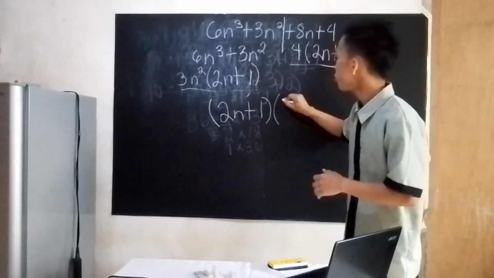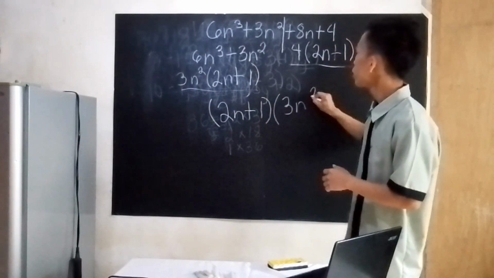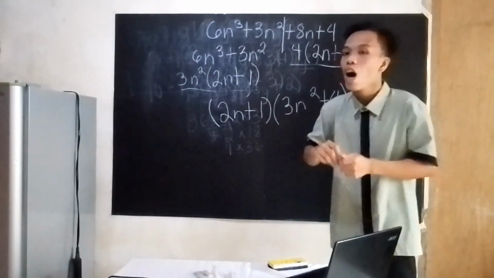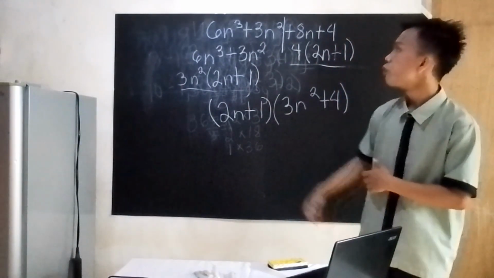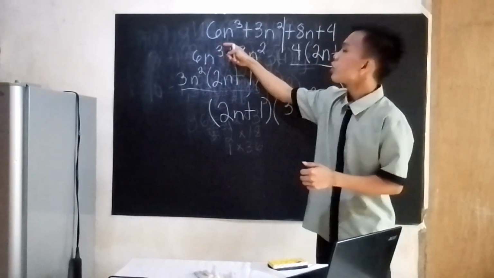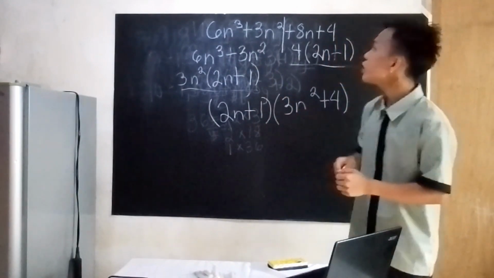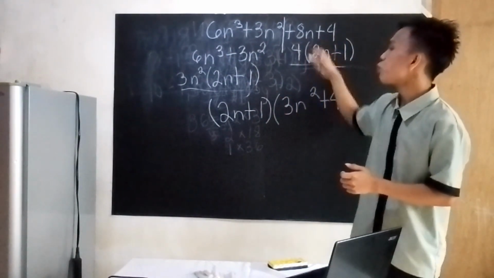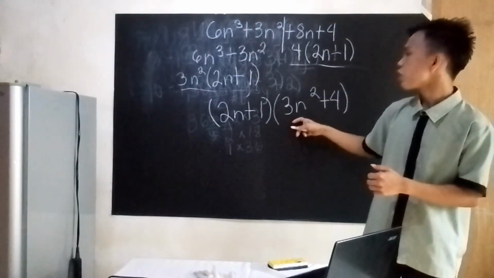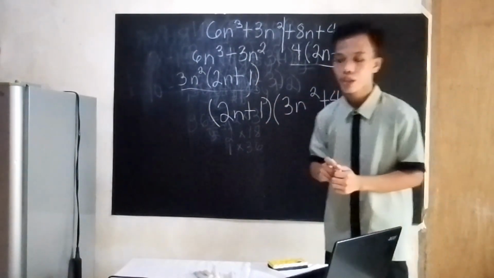That's right, that will be 3n squared plus 4. And that is how we perform the grouping method. So the factor of 6n cubed plus 3n squared plus 8n plus 4 is 2n plus 1 multiplied by the quantity 3n squared plus 4.